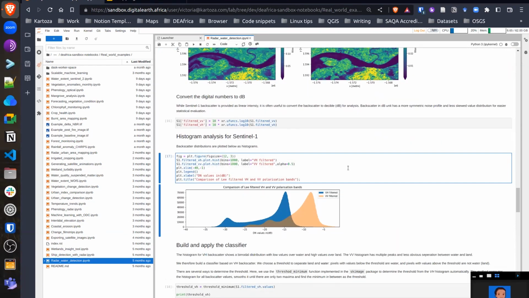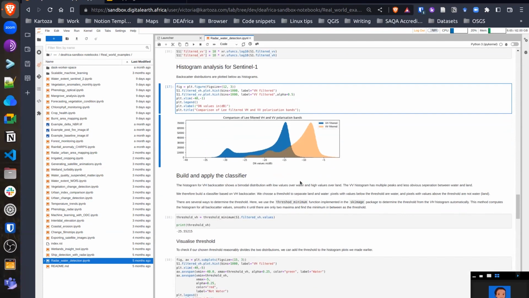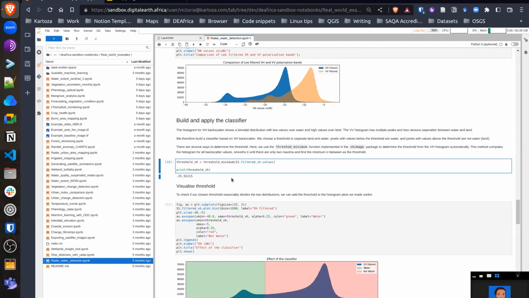We can also see the comparison of the two images, the values for our area of interest. Now, in this case, we apply a threshold to the VH values using the minimum threshold function. And in this case, -25 is our threshold value.